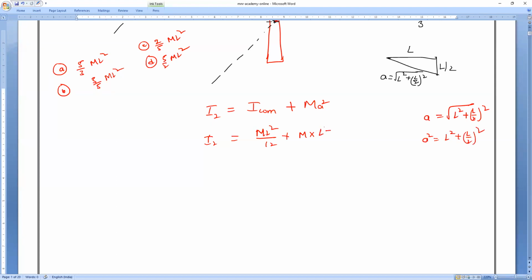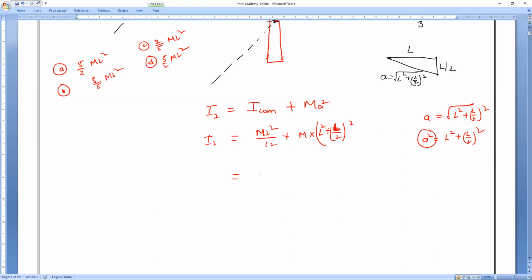I had forgotten the root, so I can remove it and write A square directly. Clear, everybody?